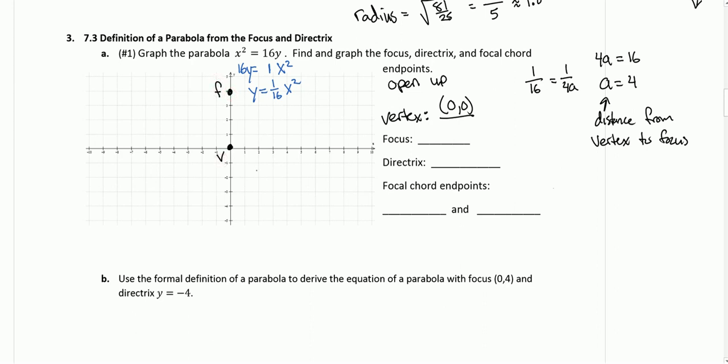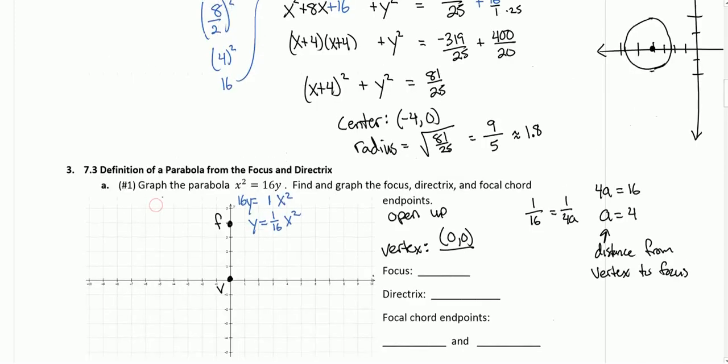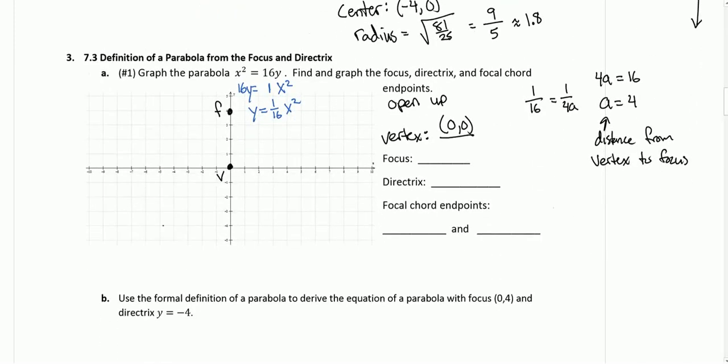And then the directrix is on the opposite side of the vertex, the same distance. That distance a from the vertex. So I'm going to go down 4 and sketch our directrix. So the directrix is, in this case, a horizontal line.